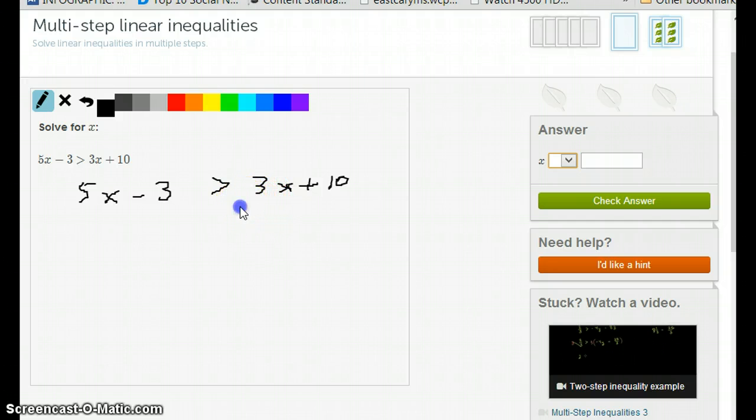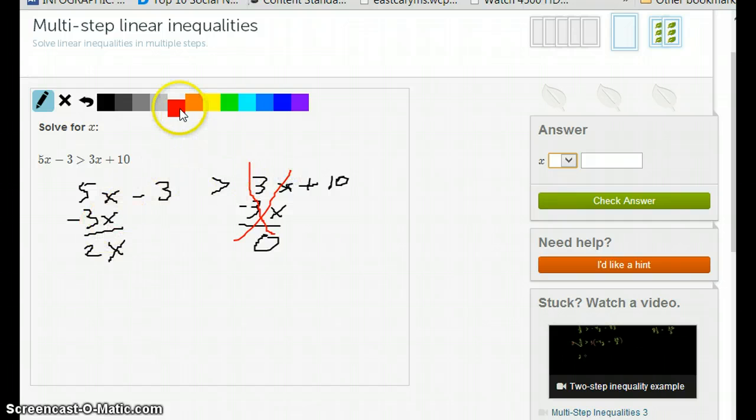So the first thing we're going to do is subtract 3x from the right side. We're also going to subtract 3x from the left side. What we're left with on this side is 0, which is perfect, because we want to get rid of x. On this side, 5x minus 3x is 2x. So we're going to cross that out because we got rid of it.